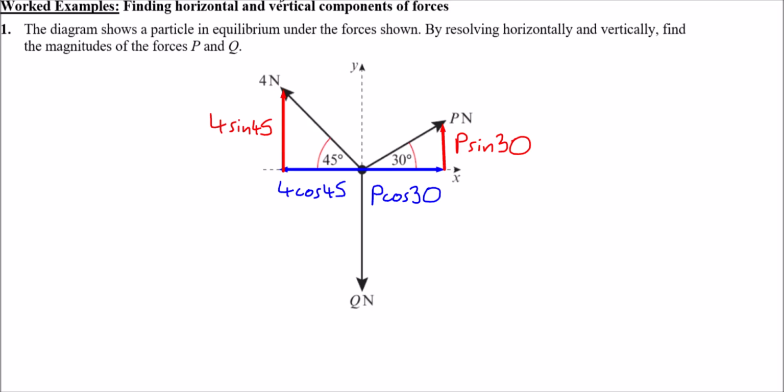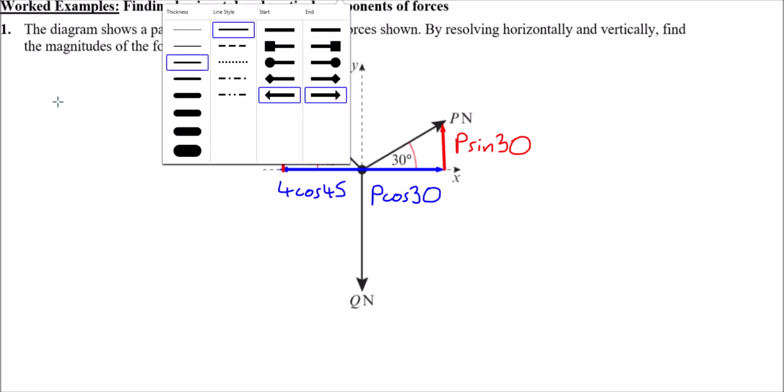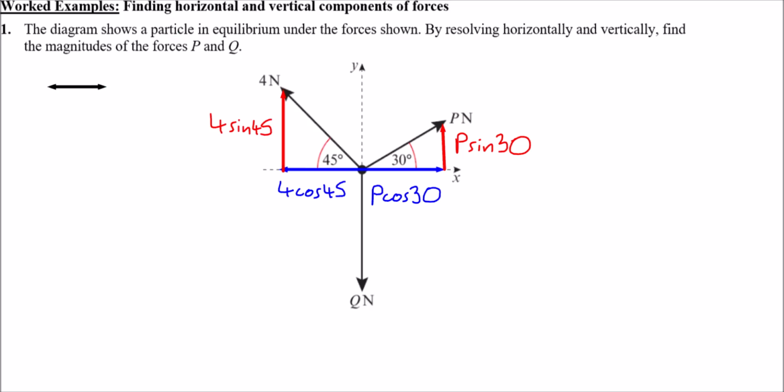Because the particle is in equilibrium, the sum of all the forces in any one direction will be equal to 0. So if we just take the forces going horizontally, in shorthand, the sum of the forces in this horizontal direction will be equal to 0.